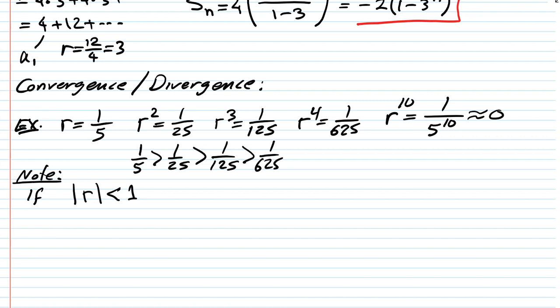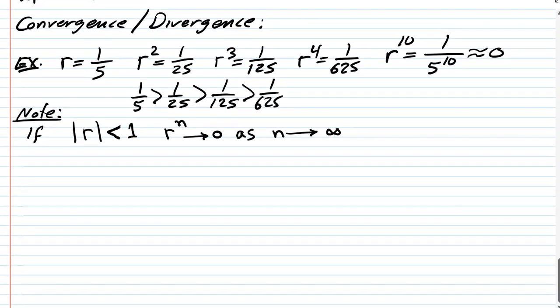But however it works, if absolute value of common ratio is less than 1, then r to the n, we say, approaches 0 as n approaches infinity. Means as n gets larger and larger.